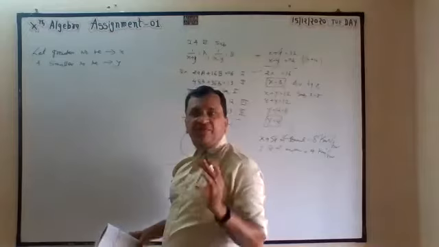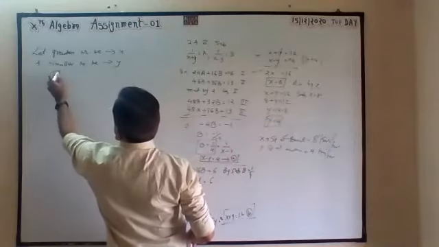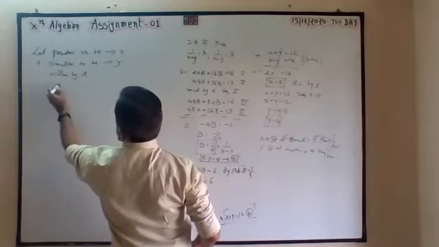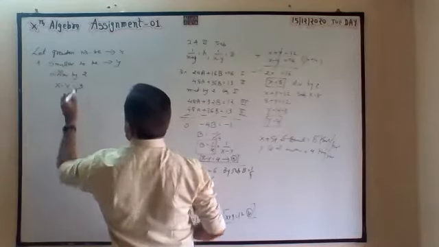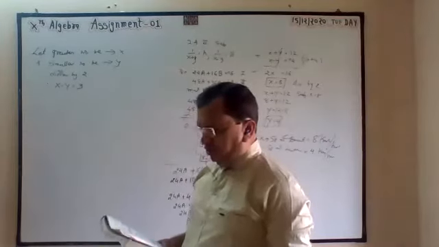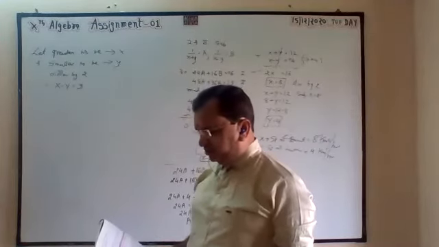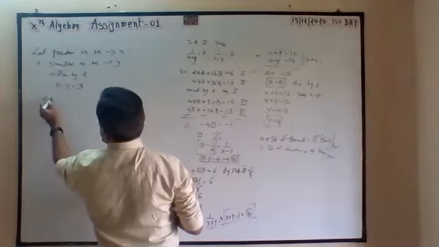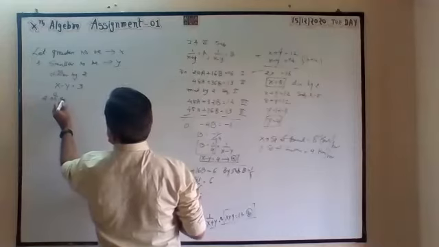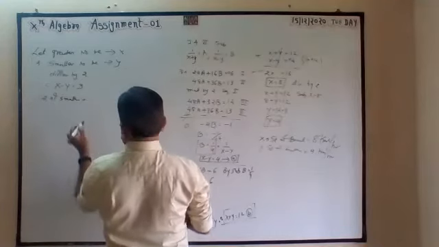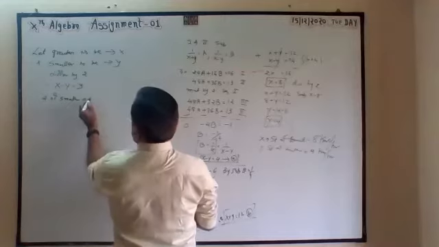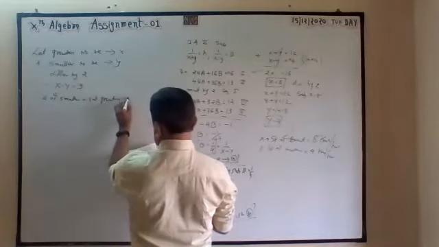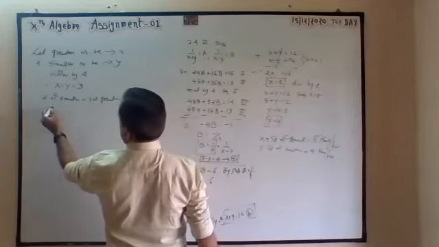Differ by 3. Therefore, greater minus smaller is 3. Sum of twice the smaller and twice the greater: twice of smaller plus twice of greater is equal to 90.